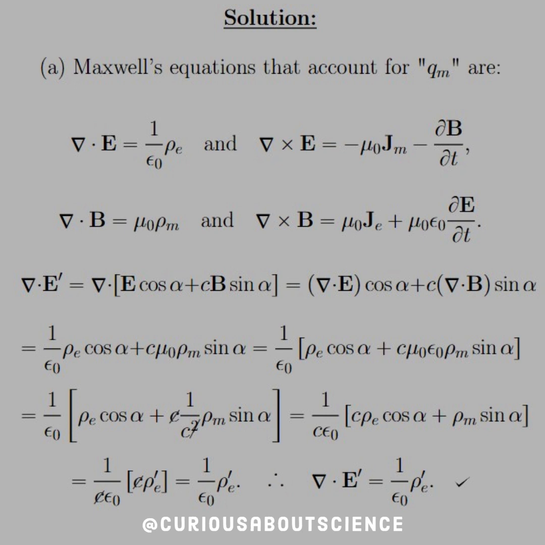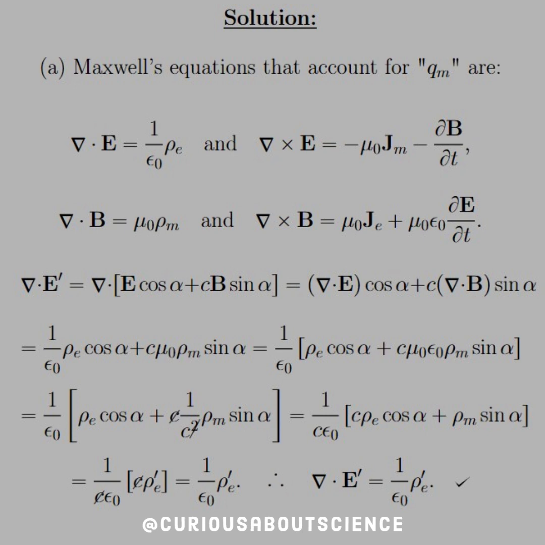If we factor out a 1 over C term from the sine alpha term, we get 1 over epsilon naught times (rho E cosine alpha plus C rho m sine alpha). And what we see here is that that's equal to the rho E prime transformation. Therefore, the divergence of this transformed field is equal to 1 over epsilon naught times the transformed charge distribution.